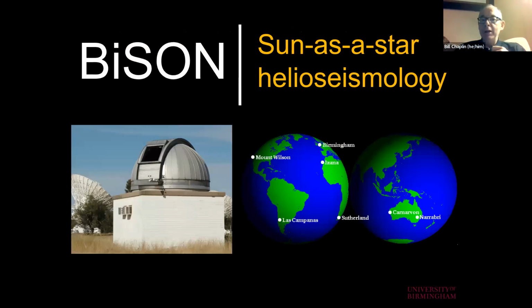And just to comment on the relevance of the data that we have on the sun and the connection to the data that we get on other stars: the telescopes in our network observe the sun as if it was a star. We do not spatially resolve the surface of the star onto many pixels. Remembering we're measuring the Doppler shift, we don't actually resolve the shift at all.